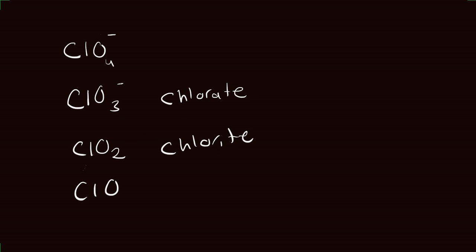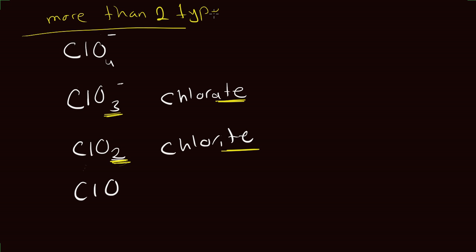So this is less oxygen, so ITE is used; more oxygen, ATE is used. But what if this polyatomic ion has more than 2 types?